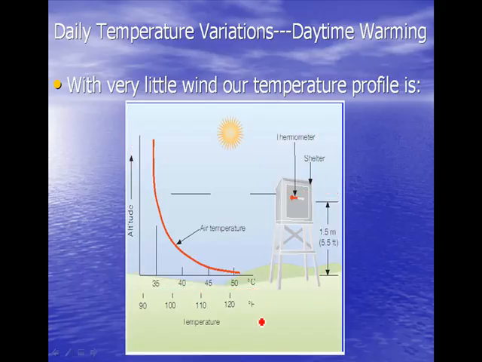But what we want to look at here specifically is how temperature changes with height during the day with very little wind. Notice that, again, this is surface. We could list this as 0 meters up to about 1.5 meters here.